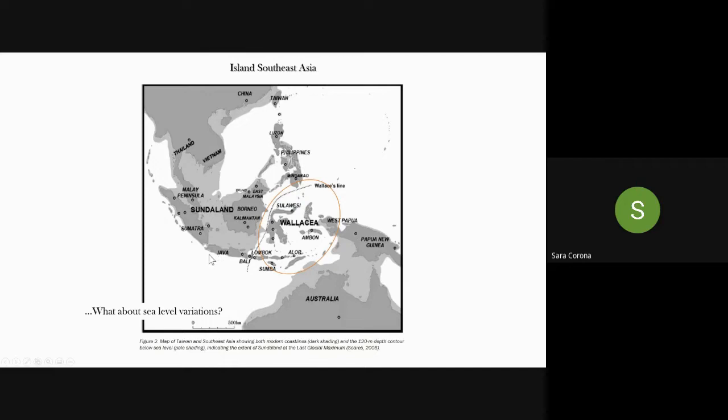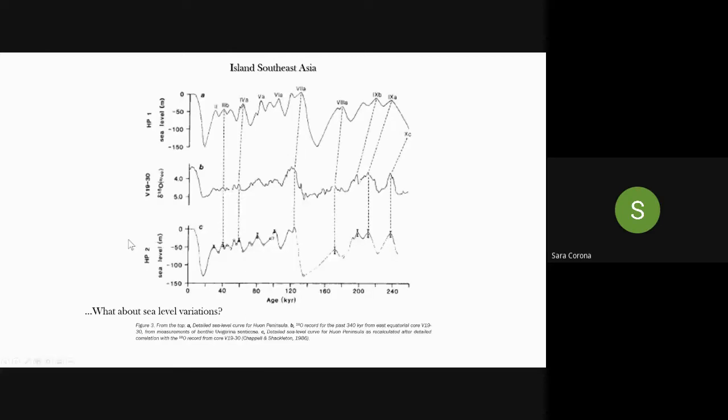If you could click again, thank you. So what about the sea level variations during the Upper Pleistocene in this area? This is a detailed sea level curve which has been produced by Chappell and Shackleton in 1986. This curve of the sea level variations covers the last 340,000 years and has been recorded with oxygen isotopes for the Huon Peninsula in Papua New Guinea.